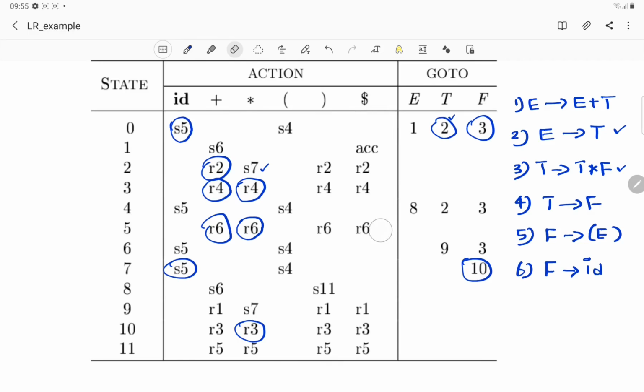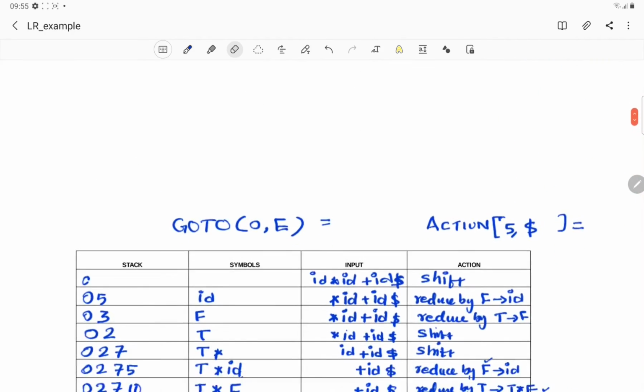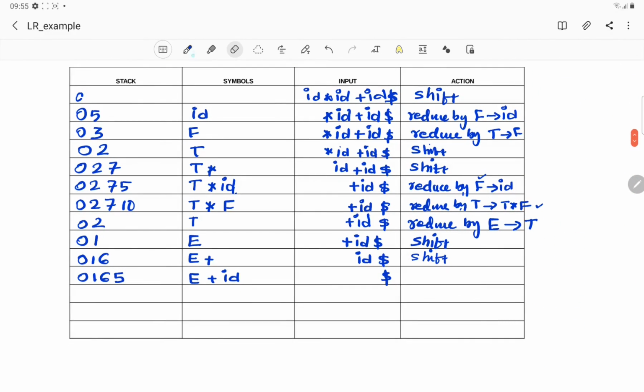R6 means reduce by production 6, F gives id. So here the length of the right hand side is 1. So we'll pop off one state from the stack: 0, 1, 6.